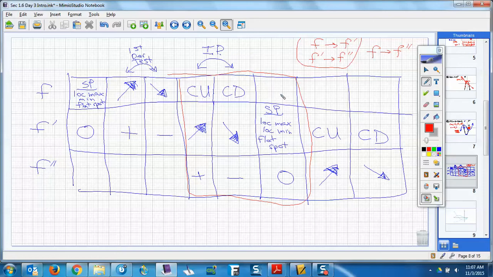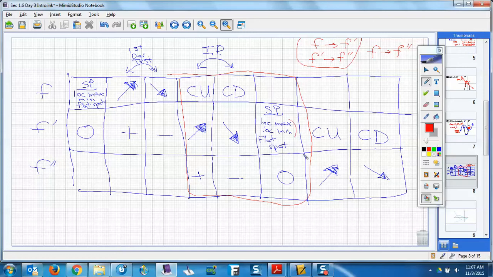What about that one, though? Would you have a change in concavity? If f prime is going up and keeps going up, f is concave up and stays concave up. Do you have a change in concavity? No. So it's only these two scenarios.